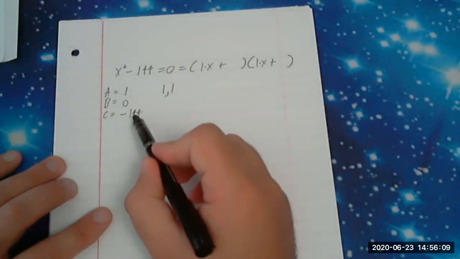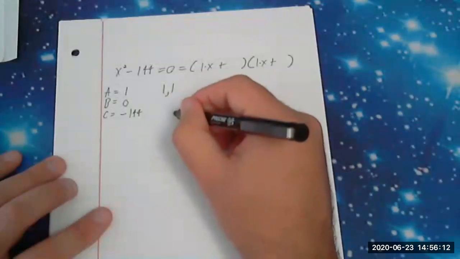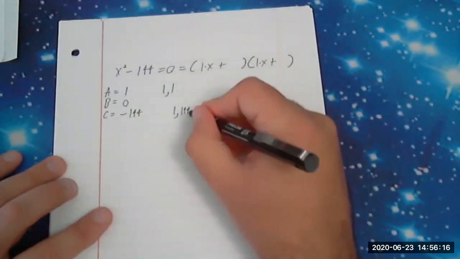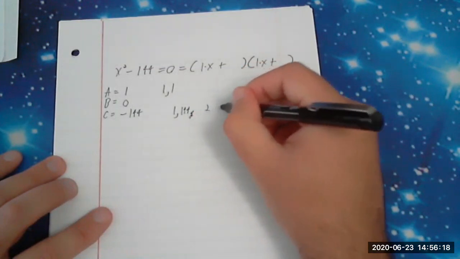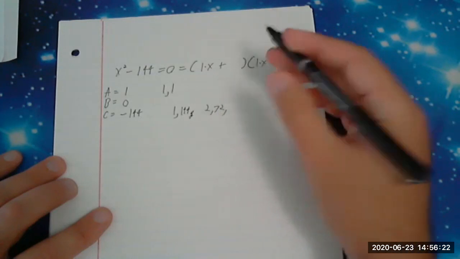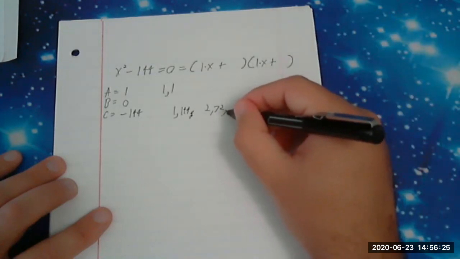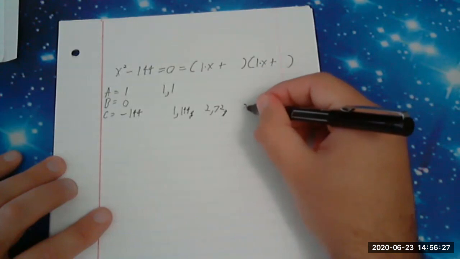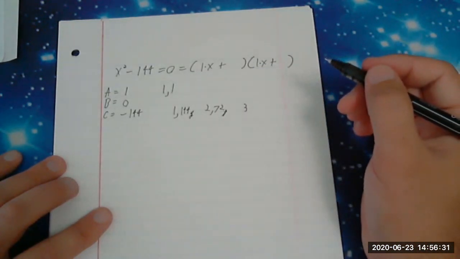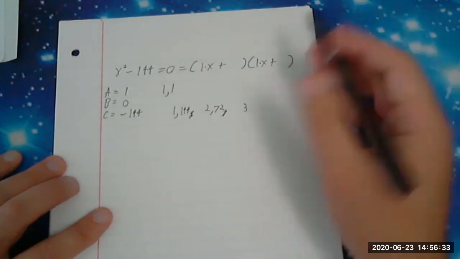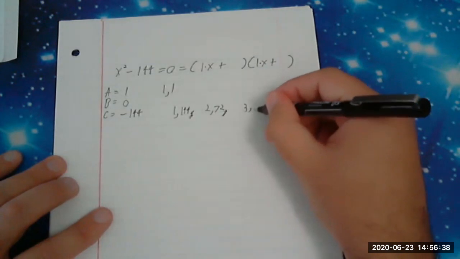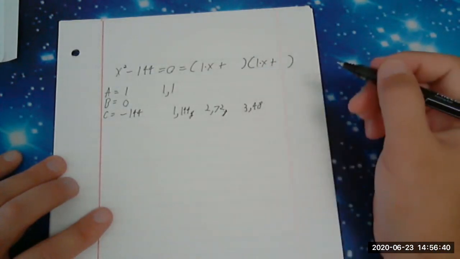Now the factors of 144 are a little bit more involved. 144, 2, and 72, 3. Oh, I keep doing it. And 48, I think.